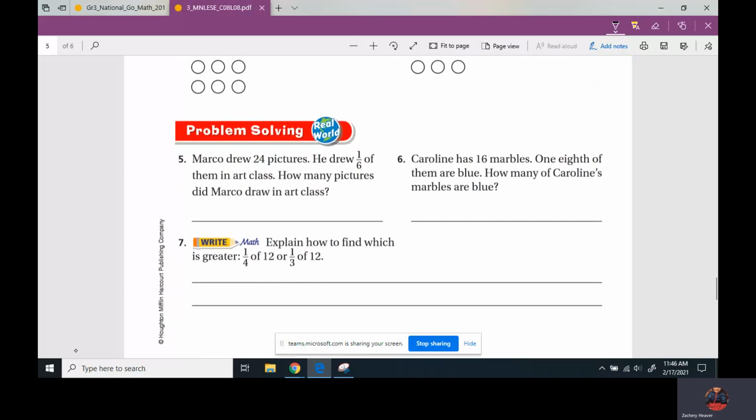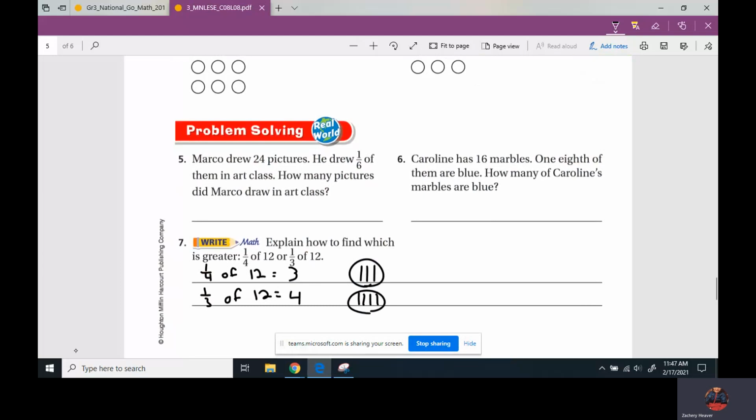All you gotta do is, which is greater? 1/4 of 12, solve it, and 1/3 of 12. I'll even do it with you. Ask yourself, how does 4 get to 12? 4, 8, 12, 3. How does 3 get to 12? 3, 6, 9, 12, 4.